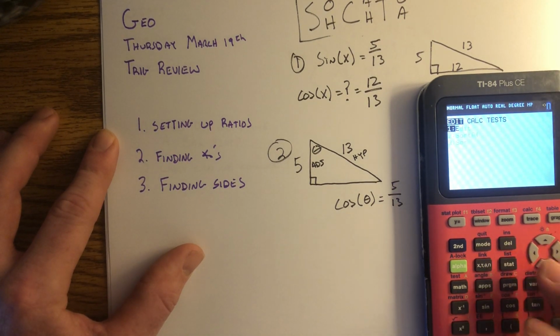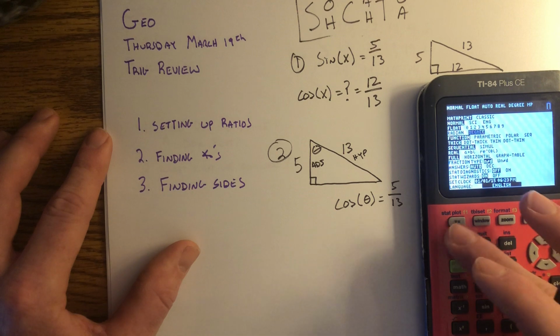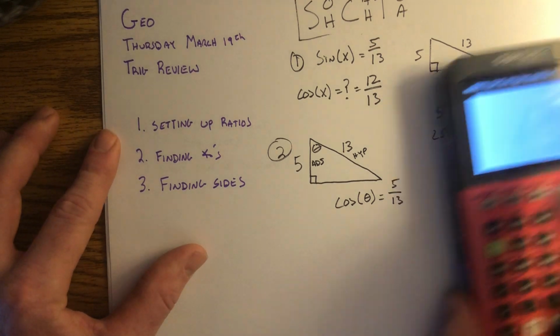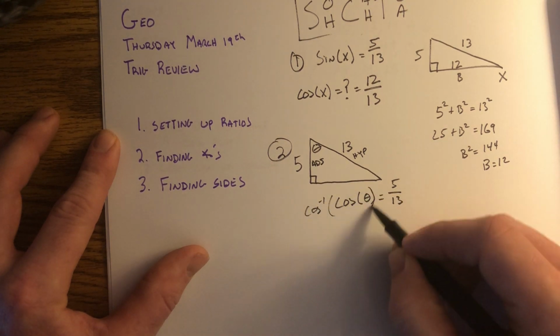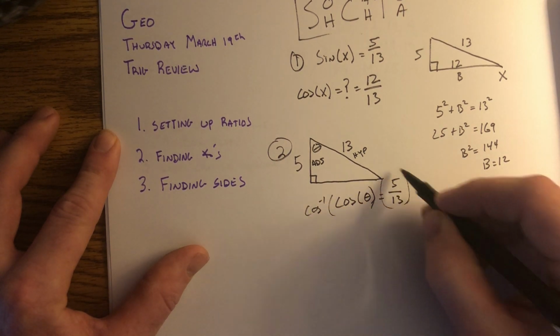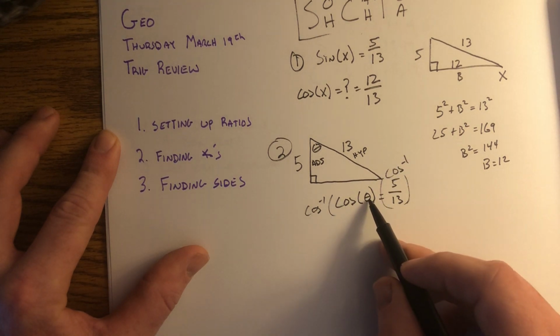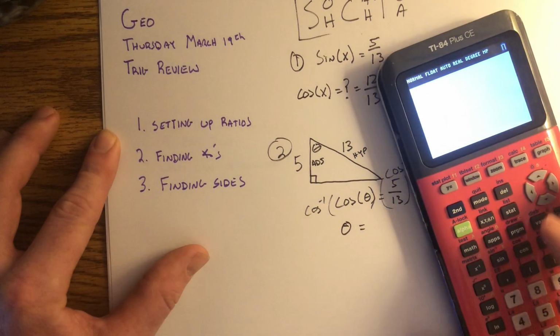Now from here, this is where you need your calculator. We need to make sure to hit the mode button. Some people on their tests and quizzes, they get this wrong and it kind of messes them up. Make sure we're in degrees. So to find sides, you use just cosine, but to find the angles, what we need to do is we need to find the inverse cosine of both sides. So when I find the inverse cosine of the cosine, that'll just leave me with the angle equals, and then I just type that into my calculator.